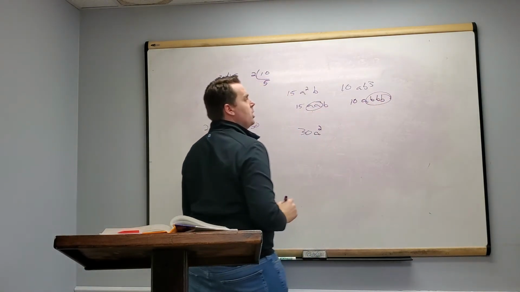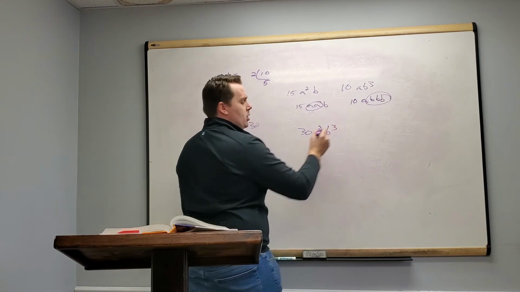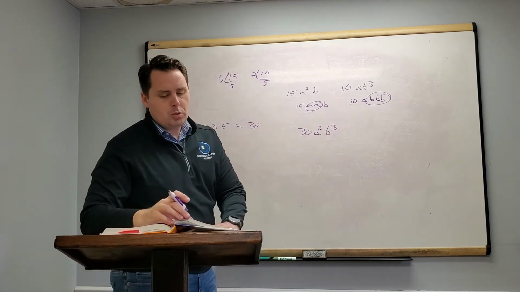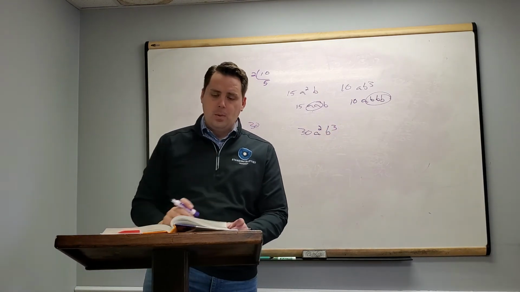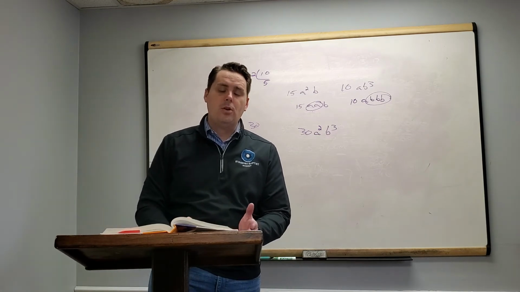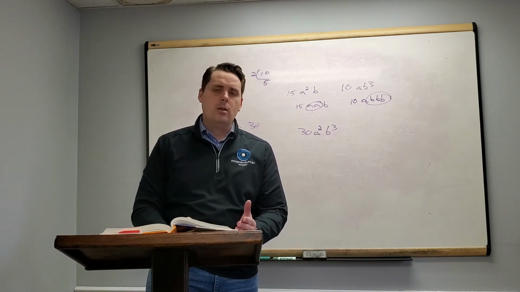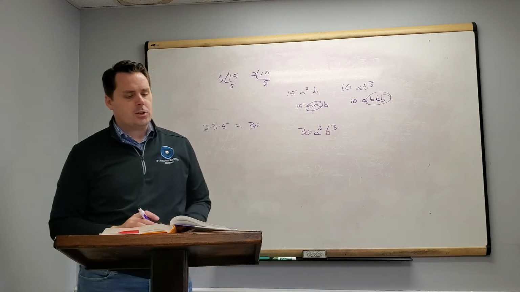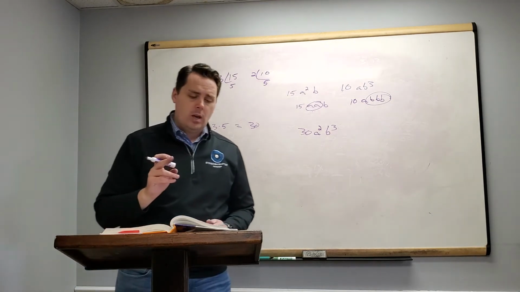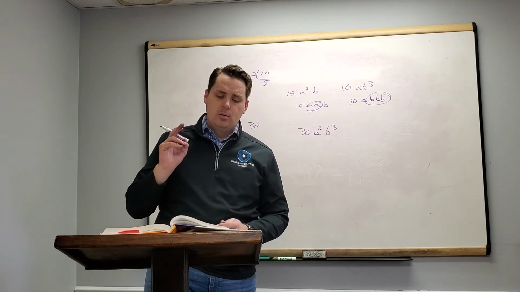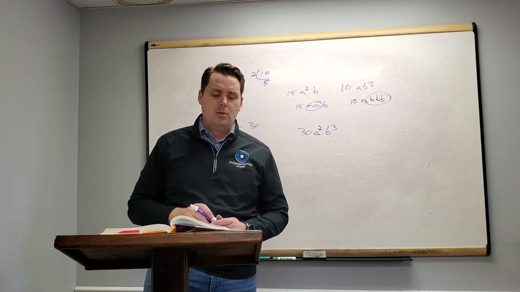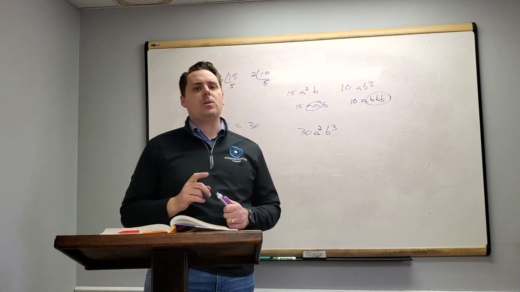B was used 3 times right there, so it's b cubed. When you turn to page 174, the solution says 30a squared b cubed. I want you to pause the video and do letters A through D as practice problems, and then we'll resume when you're done.